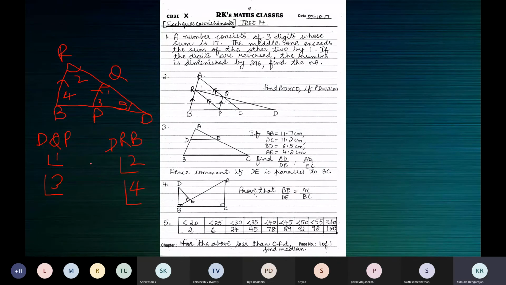One minute. Rakshan, are you there? Not there? Ashwin? Anish? Yes, ma'am. Okay, Ashwin, tell us, what will you say about angle 5? Just a minute, ma'am.